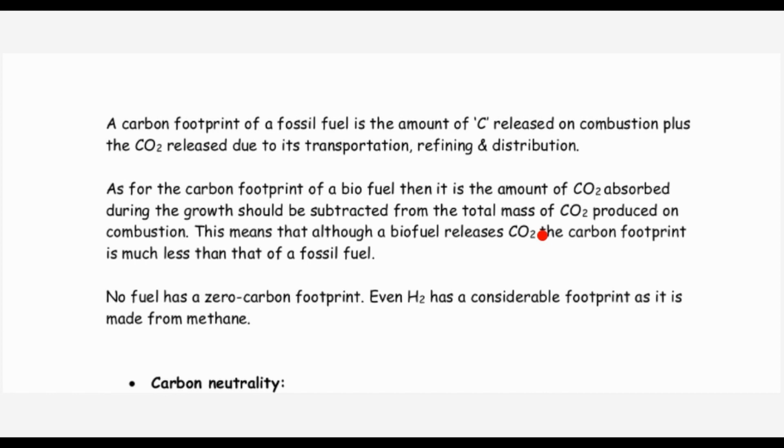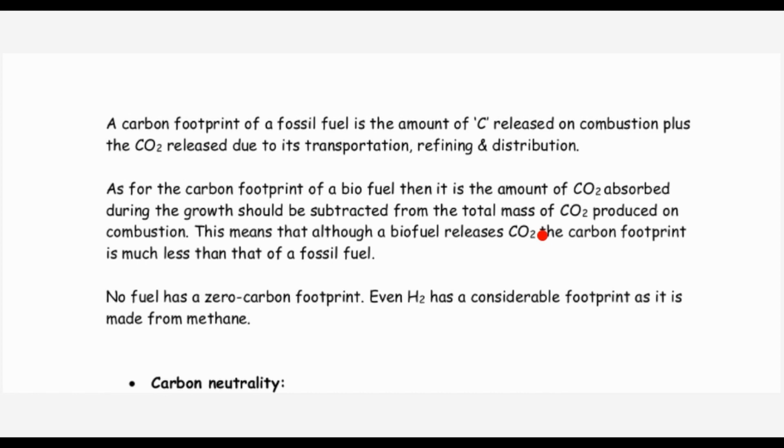So carbon dioxide is released by the vehicle, and the extraction process also releases carbon dioxide to the atmosphere. So when you talk about the carbon footprint of a fuel, it is not just the carbon dioxide produced by the fuel at the point of combustion. It is not just at the point of combustion.